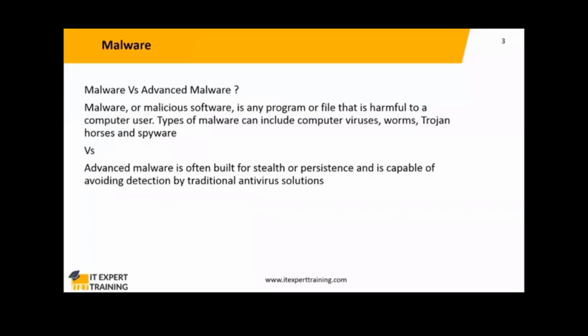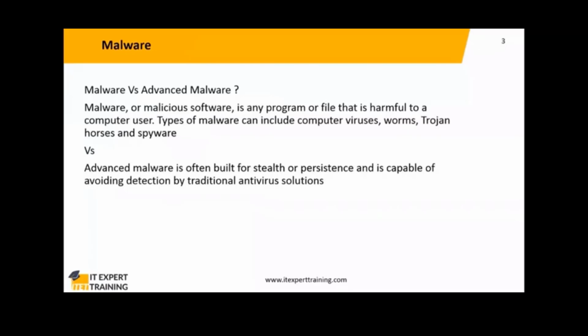Types of malware can include viruses, worms, Trojan horses, or spyware. Okay, this is a normal malware definition. What is advanced malware? It is capable of avoiding detection by traditional antivirus solutions. So even if you have an antivirus solution, this advanced malware avoids detection from those engines.